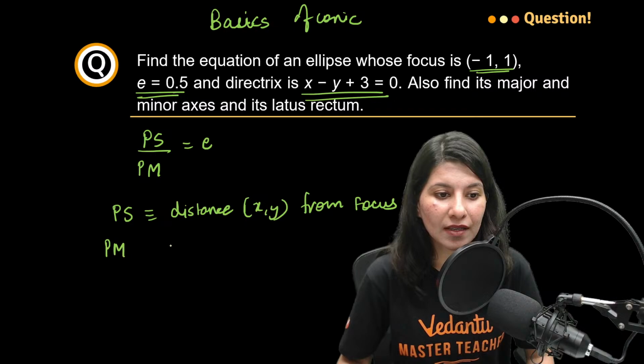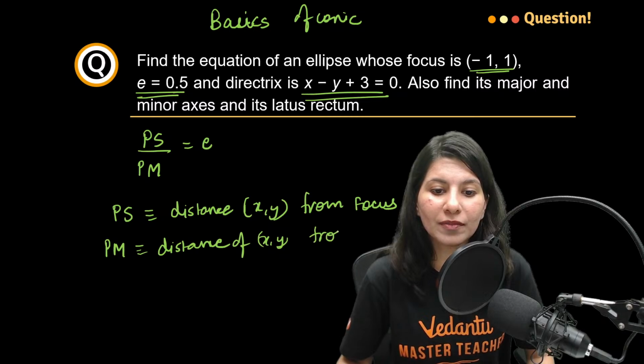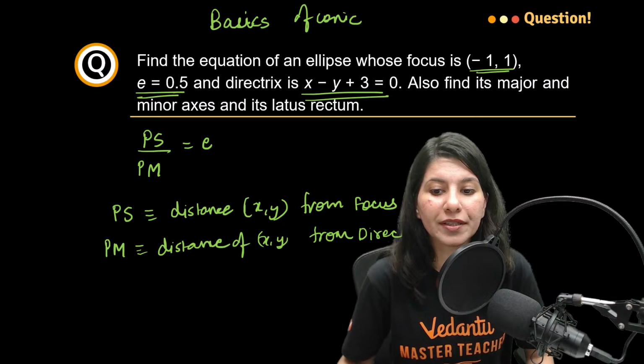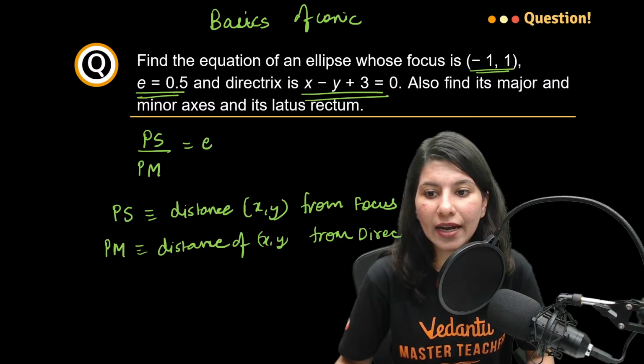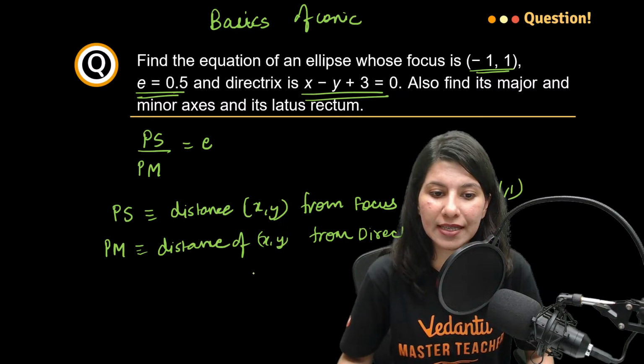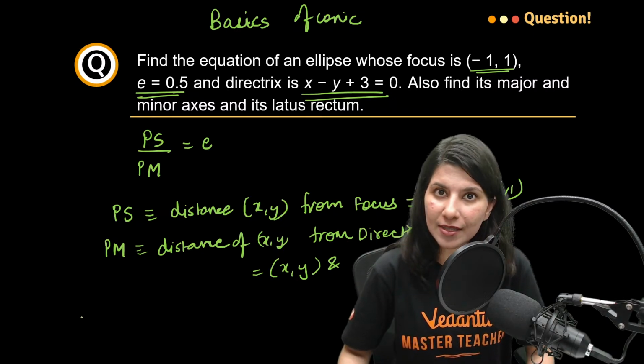PM is the distance of x comma y from the directrix. So here, distance between x comma y and minus 1 comma 1, and this is the distance between x comma y and the directrix which is given to us. So let us apply that.